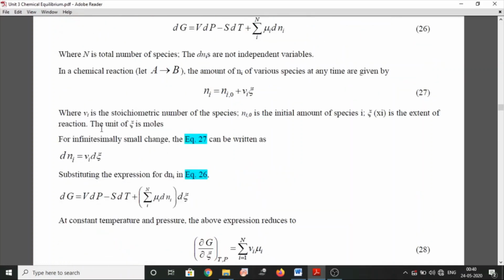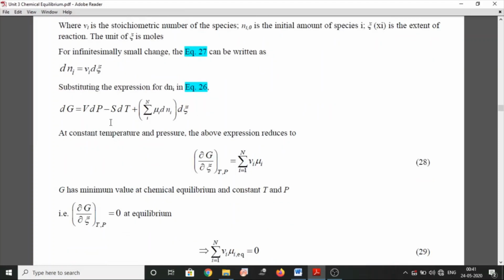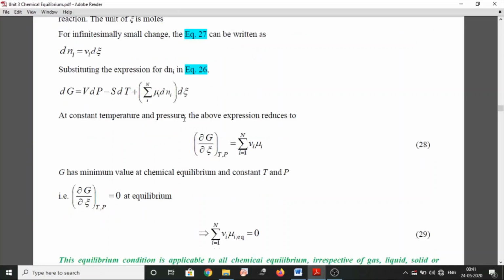Now if I substitute this dn_i in equation 26, the fundamental equation of Gibbs energy, what I will get, dG is equal to VdP minus SdT plus sum over mu_i nu_i d xi. Now at constant pressure and at constant temperature, both the terms will vanish.